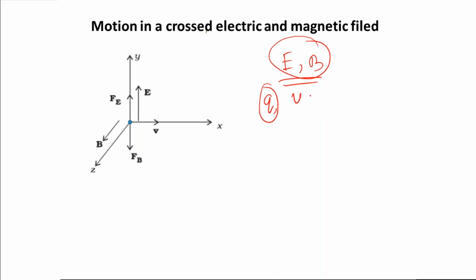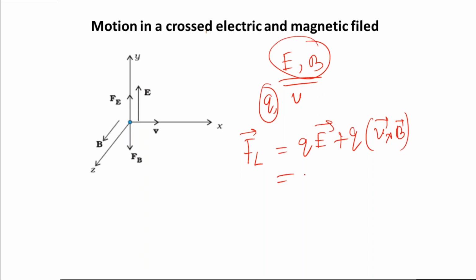This will be q into E, the electric field, plus q into v cross B. In combination, we can write q into E plus v cross B. We have already learned this in the first class itself.